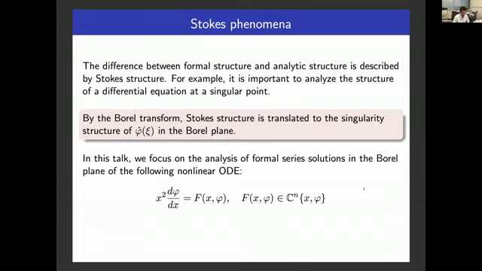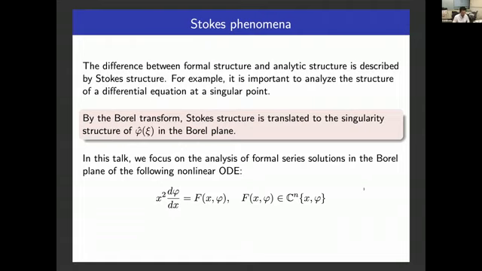And for example, Stokes phenomena is important to analyze the structure of a differential equation at a singular point. And so Stokes phenomena or Stokes structure is a very important object in the analysis of differential equations. So we want to analyze Stokes phenomena.